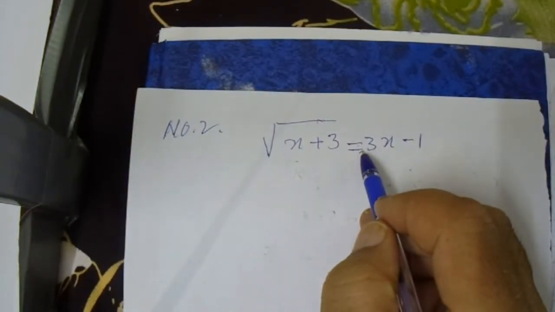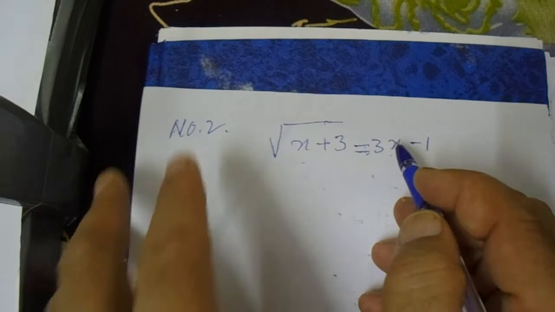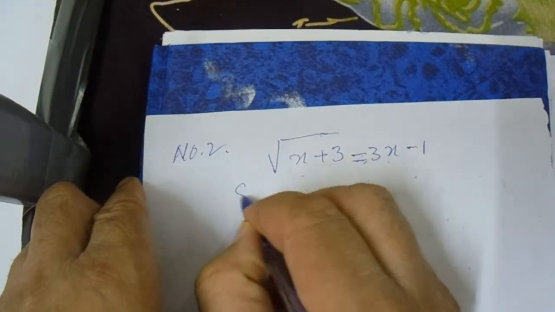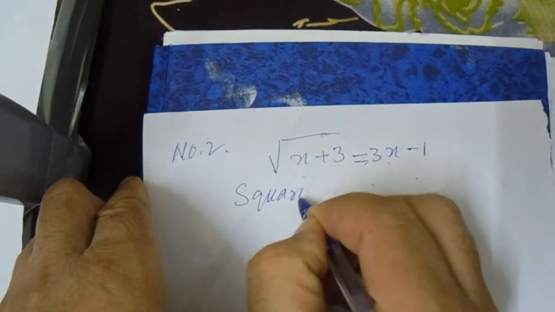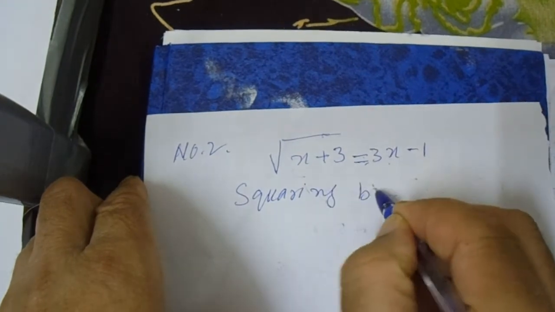Now this x plus 3 is equal to 3x minus 1. Now again the first step is squaring both sides.